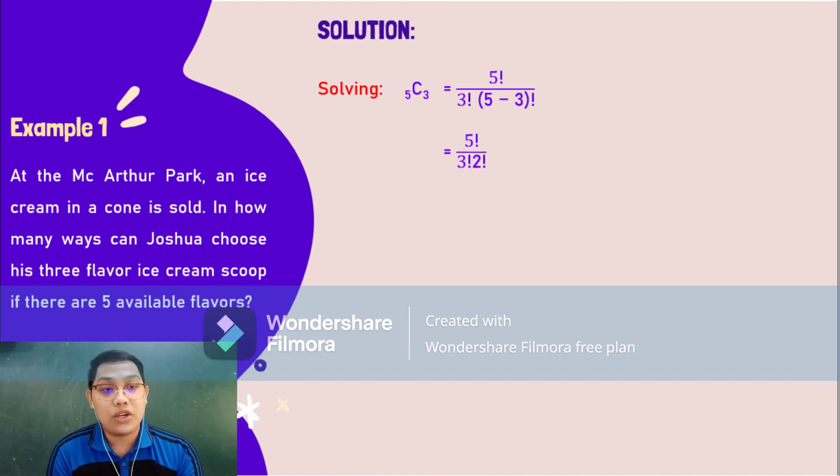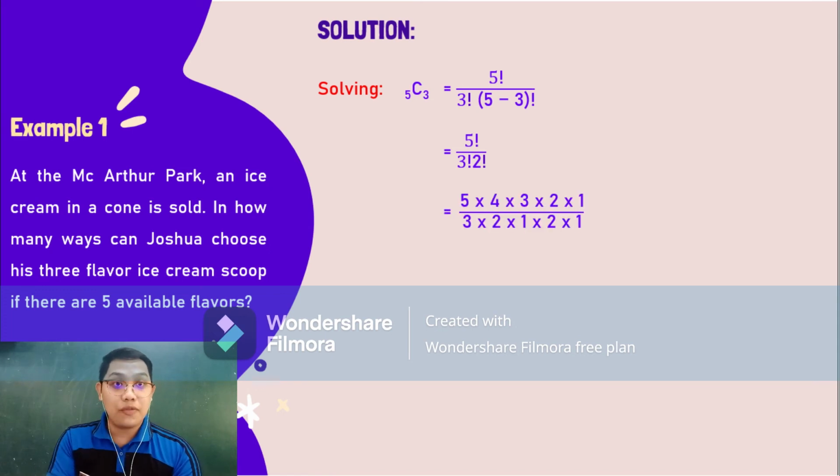Now our equation is equal to 5 factorial over 3 factorial times 2 factorial. And then, ato na ni i-compute ang factorial. So, 5 factorial is equal to 5 times 4 times 3 times 2 times 1 over 3 factorial is equal to 3 times 2 times 1 and 2 factorial is equal to 2 times 1.